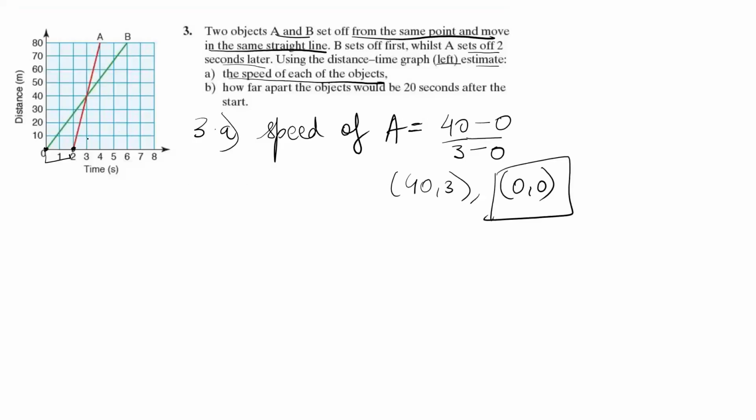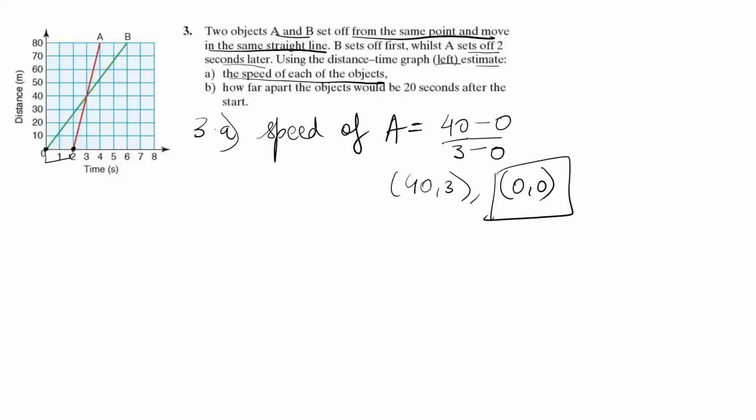You look at the line for A. A does not pass through 0, 0. A passes through 2, 0, not 0, 0. So we cannot take 0, 0 as a point. So in this case, 40 minus 0 over 3 minus 0 is not quite right.